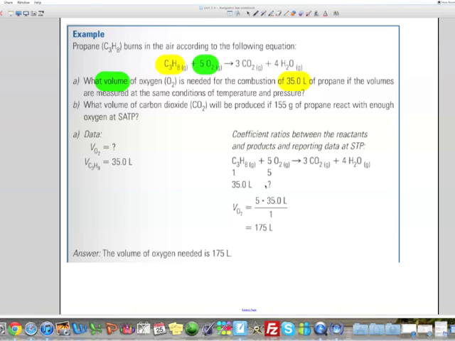It would do the same trick, right? So all you have to do is cross multiply like this and like this, and we find our answer, which is 175 liters. So 5 times 35 divided by 1 gives me 175 liters. That's the amount of oxygen that I need.